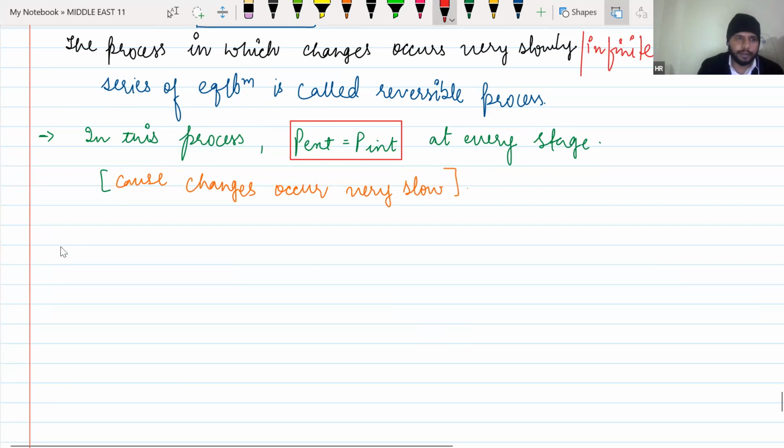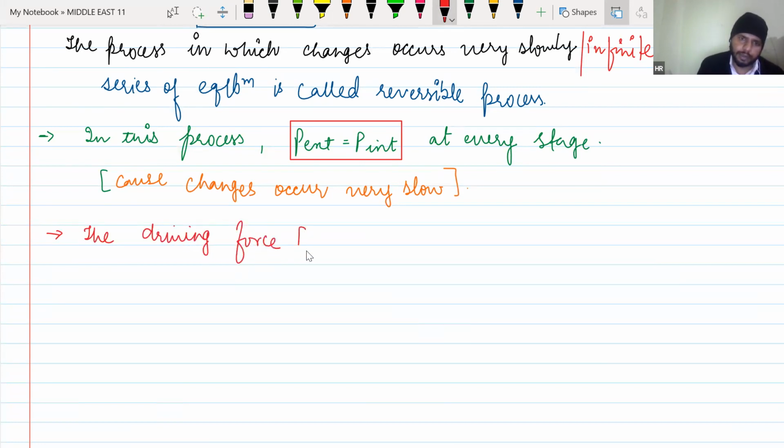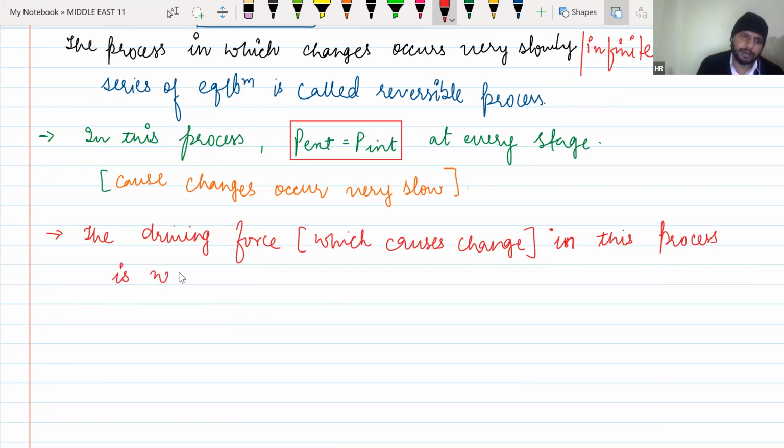And you can also write the second point. The driving force is the force which causes change. The driving force which causes change in this process is negligible.